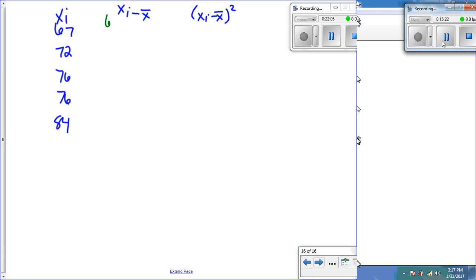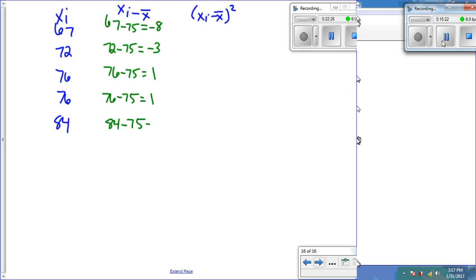So 67 minus 75, and then 72 minus 75, 76 minus 75, 76 minus 75 again, and then 84 minus 75. So if I were to add these up, it's going to either equal 0 or be pretty close to 0. But that data of adding those up is meaningless. So that's why we have to square.